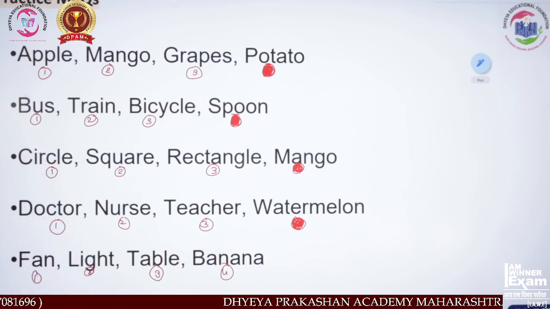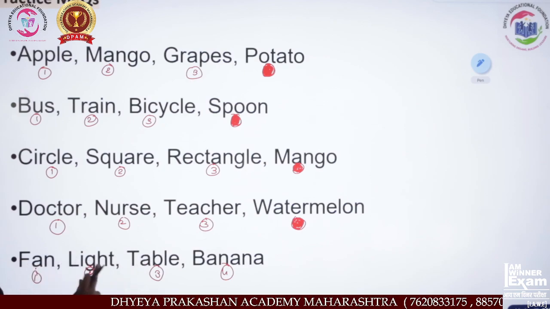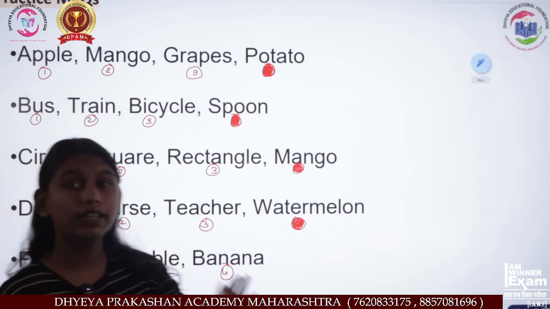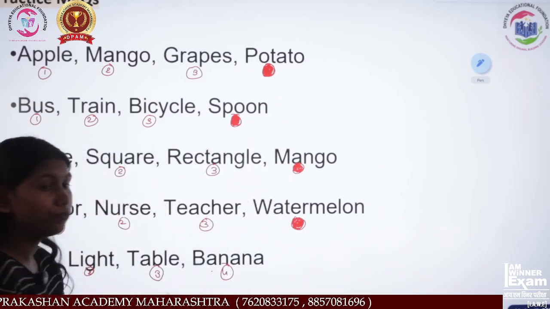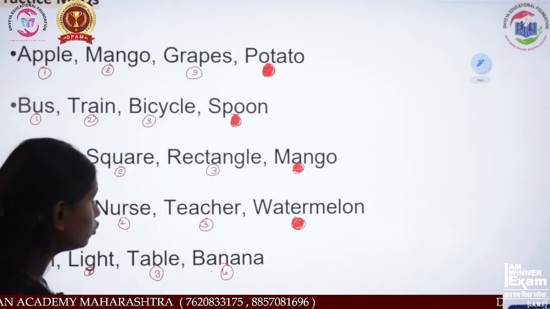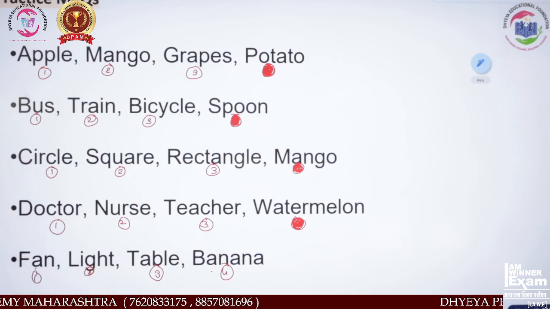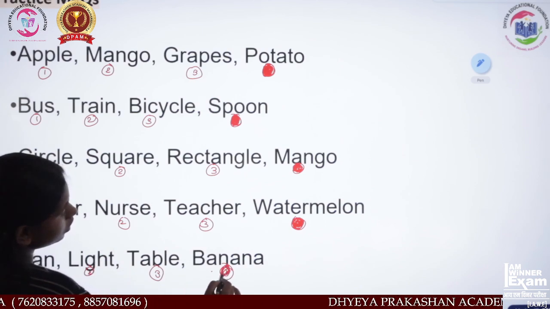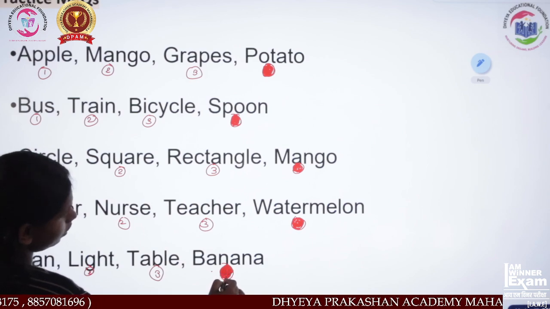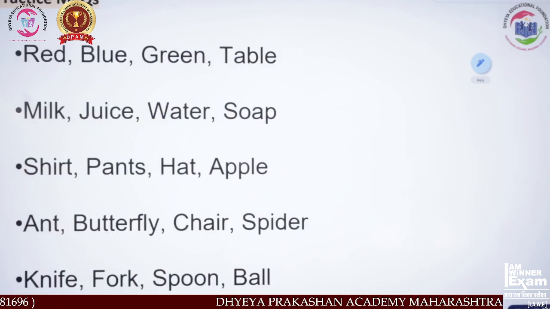But fan, light and table are the things we don't eat, and banana is a fruit that we eat, right? So which is the different option here? That is the banana. That is the fourth one.